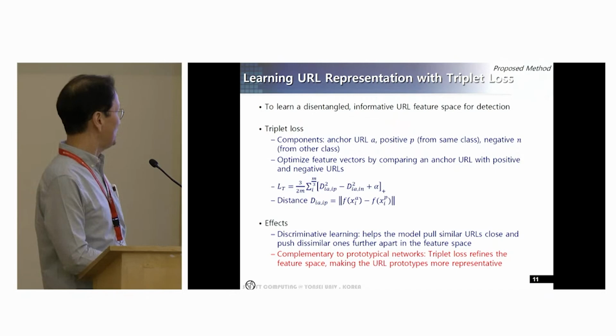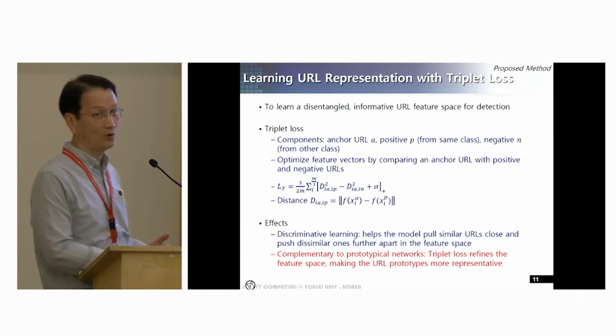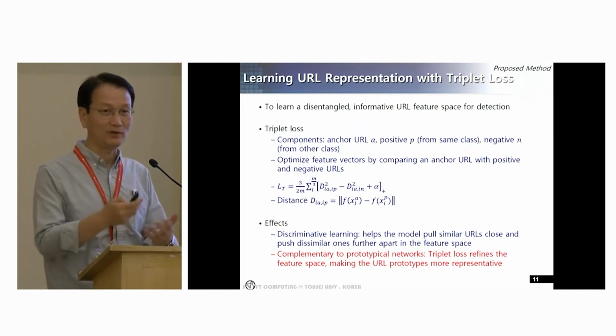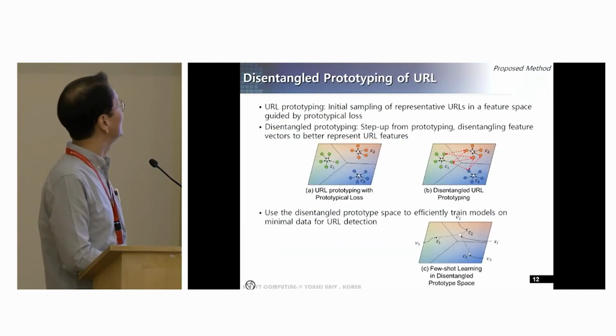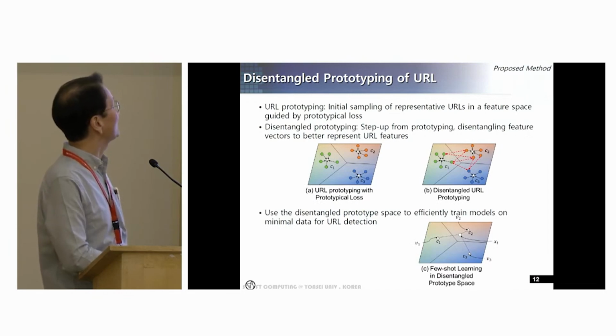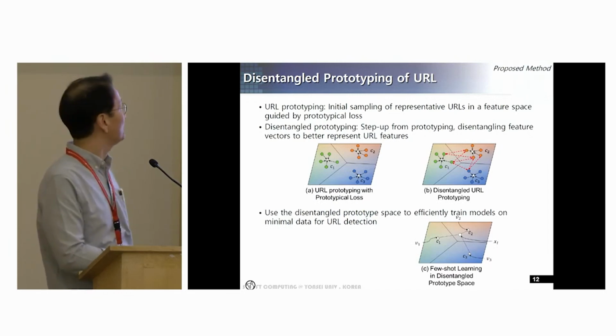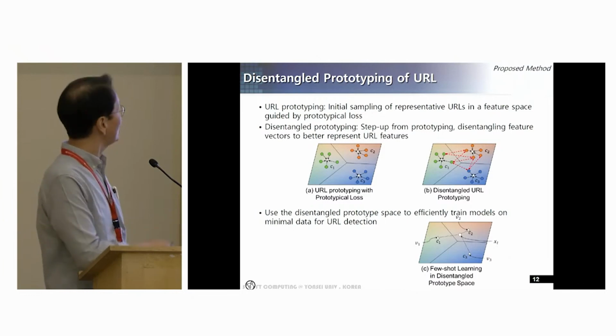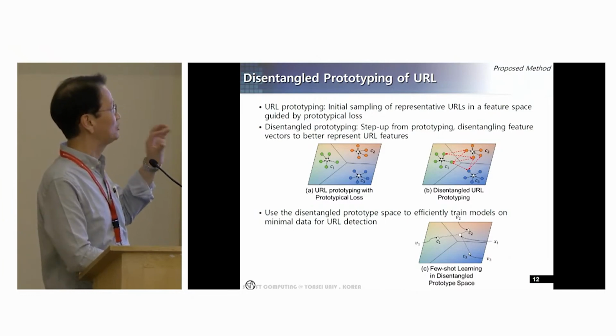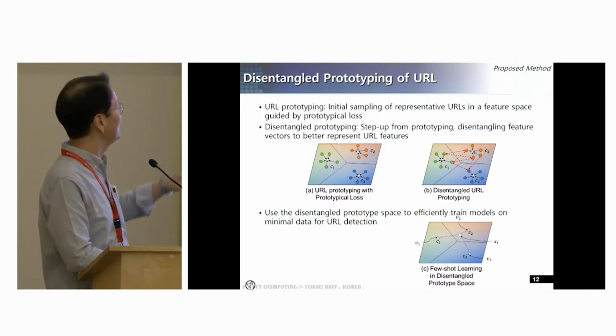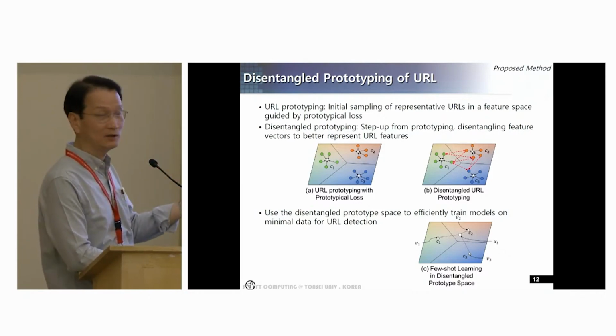Finally, complementary to the prototypical network, we utilize the triplet loss, which refines the feature space and makes the URL prototypes more representative than the conventional prototypical neural network. This slide shows the effect of disentangled prototyping. Originally, URL prototyping just samples the representative URLs in a feature space guided by the prototypical loss.